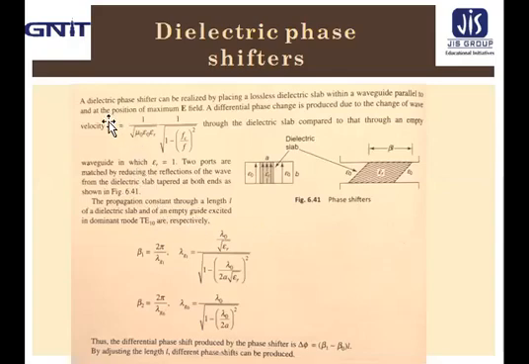to 1 by root over mu 0 epsilon 0 epsilon r, into 1 by root over 1 minus fc by f whole square, through the dielectric slab, which is compared to that through an empty waveguide, in which epsilon r equals 1.